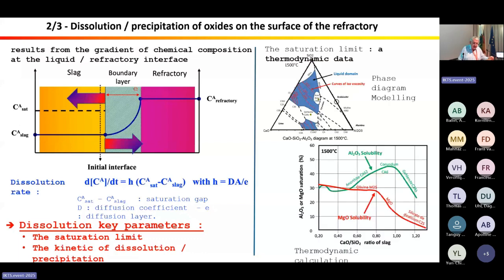The saturation limit is the thermodynamic data. We can obtain the value by phase diagrams or modeling. As an example, on this figure, we represent the alumina and the magnesia saturation versus the lime-silica ratio in secondary metallurgy slag, and we observe a real difference between the solubility of alumina and the solubility of magnesia.